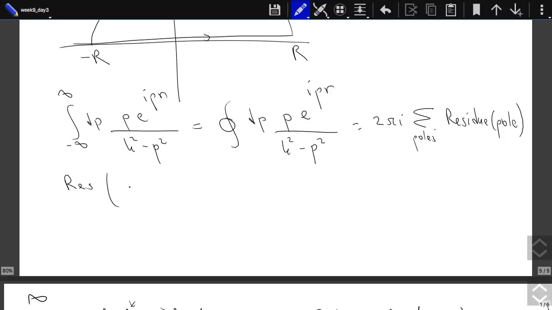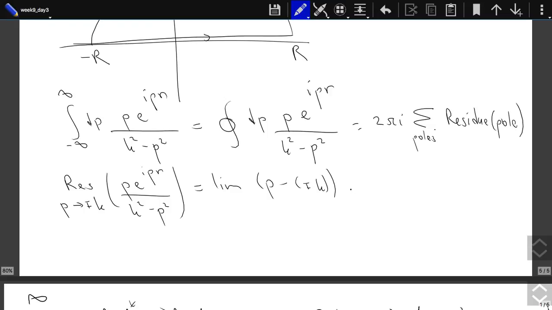The residue of p e^{ipr} over (k squared minus p squared) when p goes to plus or minus k is equal to the limit. Well, this is a simple pole. First multiply by p minus or plus k, times p e^{ipr} divided by (k minus p)(k plus p).